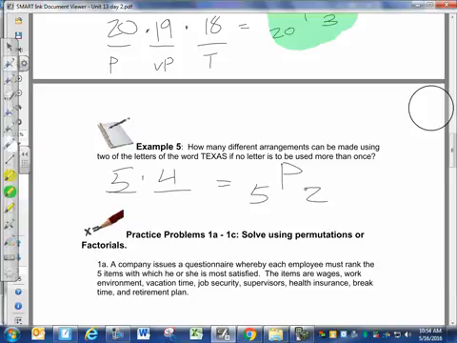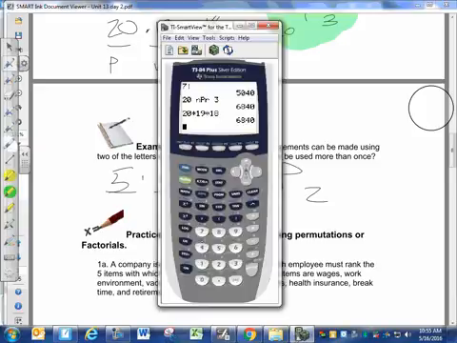And go ahead and check that 5 times 4 is the same as 5P2. Five times 4. 5P2, nPr, stands for a permutation. 20 is the same as 20.